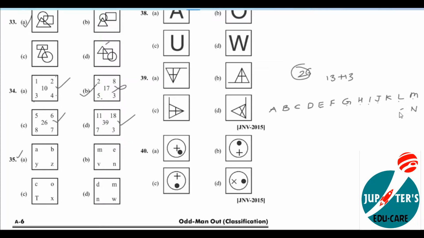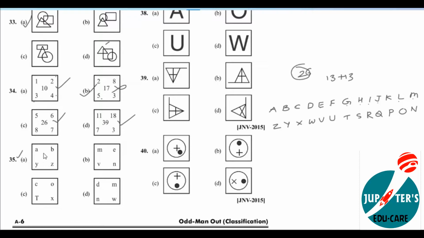N, O, P, Q, R, S, T, U, V, W, X, Y, Z. See, up to here 13 are over, then 14, 15, 16, 17, 18, 19, 20, 21, 22, 23, 24, 25, 26. Total 26 letters. So using this basic rule, we are going to answer these questions.